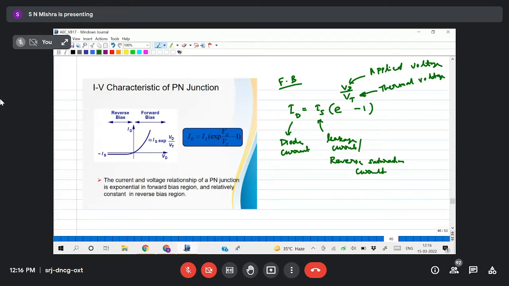So this is the equation. The current and voltage relationship of a PN junction diode is this one, and that can be simplified for reverse bias and forward bias also. Mostly, for forward bias, I can write the diode current equation.